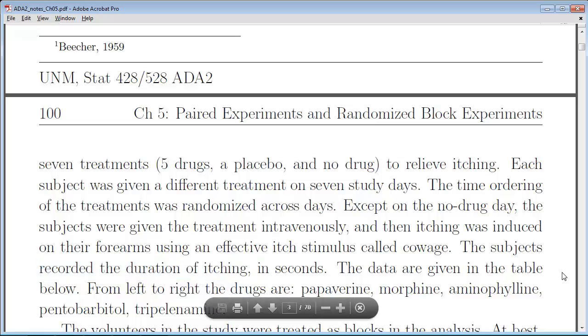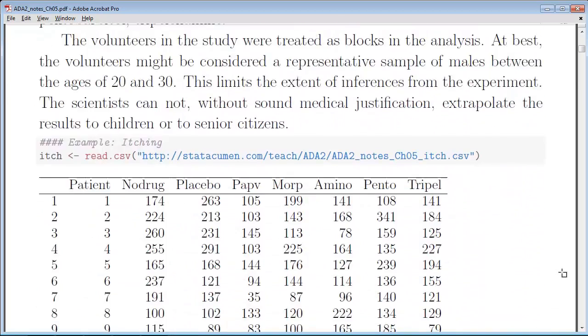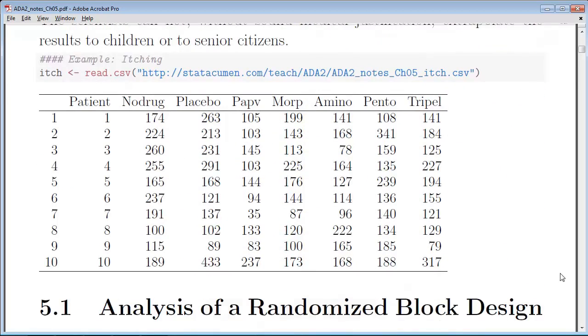And so then we've got this table. We've got the rows of the 10 different patients, and then we have the 7 different treatments along the columns. These are not the order that they were given in. Remember, each patient was given these 7 treatments in a random order, but they're just organized in this way.